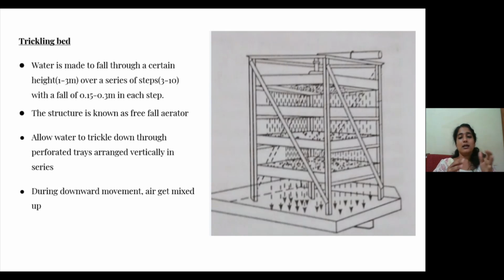In this, as shown in the figure, you can see a series of layers are provided, and the water is allowed to fall down through these layers. Certain perforations are made in each layer, and water will be dropped down through these perforations and will contact the air more, so the area of contact will be increased.